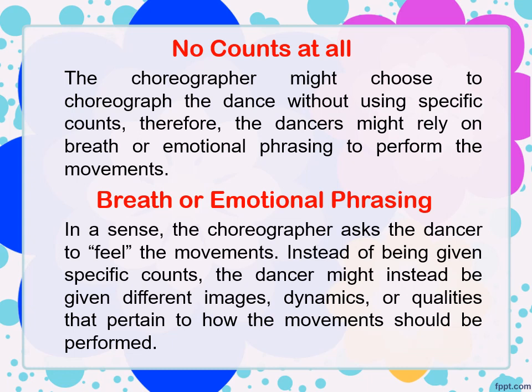In a sense, the choreographer asks the dancers to feel the movements. Instead of being given specific counts, the dancer might instead be given different images, dynamics, or qualities that can pertain to how the movement should be performed.